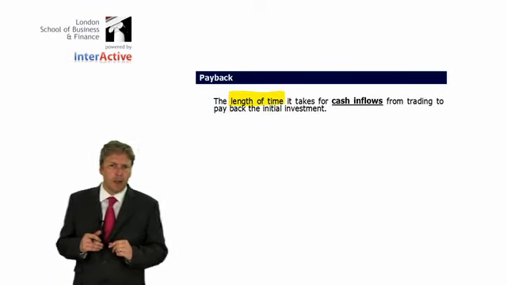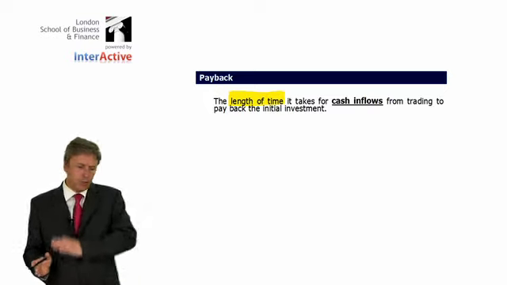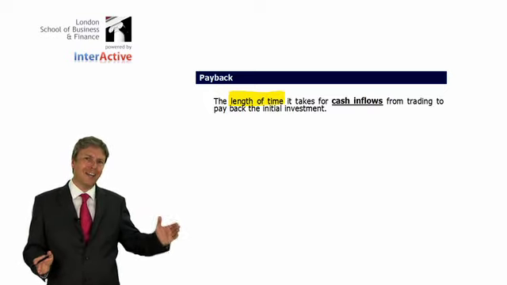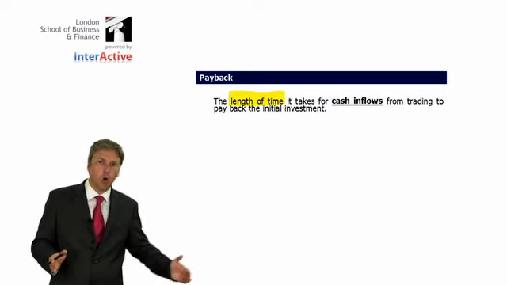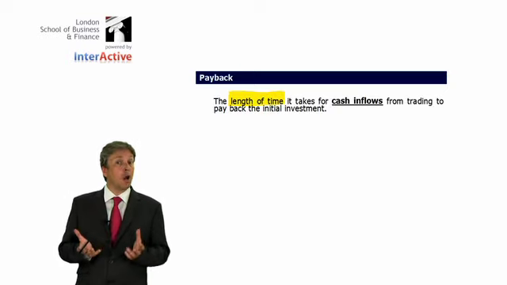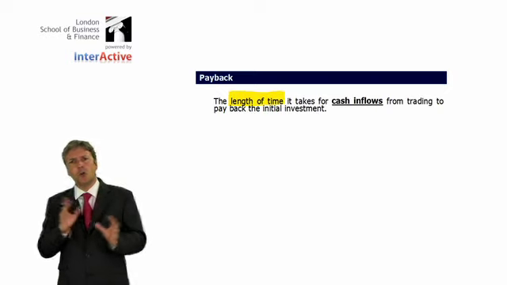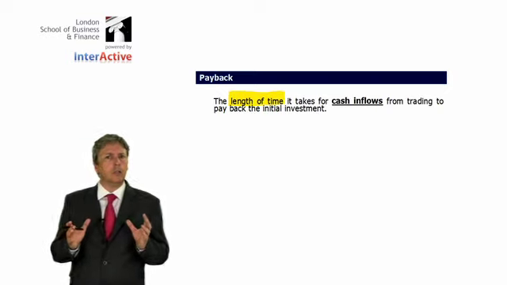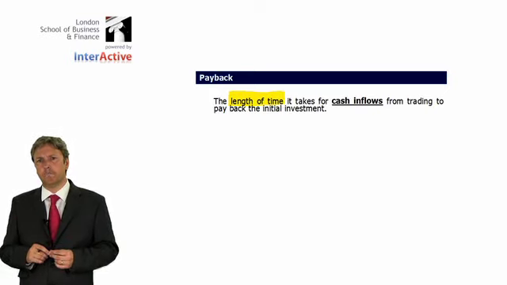So thinking back to the example we were talking about, 100,000 outflow. As soon as we've got 100,000 inflow to cover the initial outflow, we stop. And that does mean, if you think about it, that we're not going to look at all the inflows. And if we don't look at all the inflows, we've got no measure of return. So, just a couple of important points before we go any further.